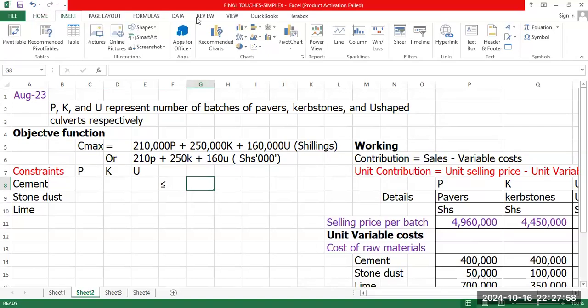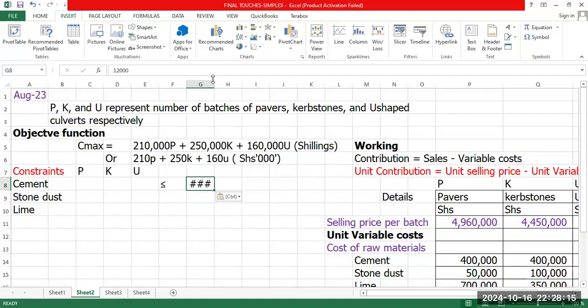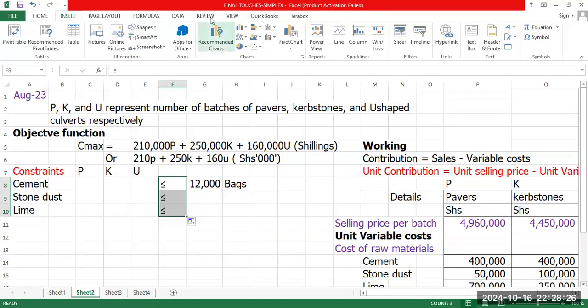Cement, how many are available? Cement, 12 bags. 12 bags, okay? Those are the ones that are available. These are bags. What about stone dust? How many bags? 20,000.